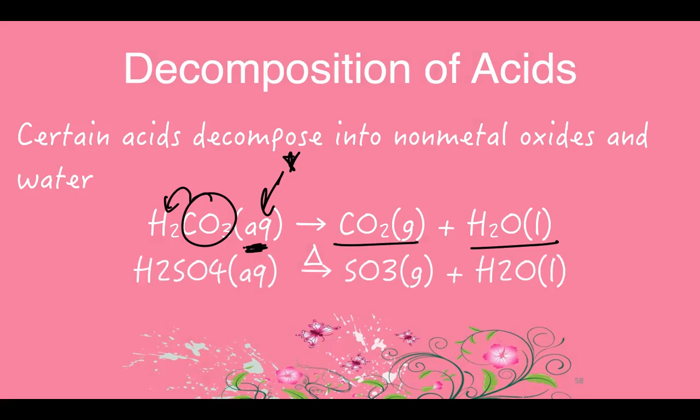Another example, you've got H2SO4. They don't form by polyatomic ions, but as soon as I see these formulas, I see hydrogen with a polyatomic ion. That's just how I see it. So we've got polyatomic ion with hydrogen that's aqueous. That's an oxyacid. Oxyacids decompose into nonmetal oxide plus water.